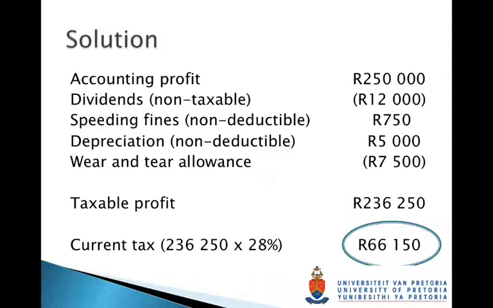Then you multiply this amount by 28%, the rate that we gave you. We will always give you that rate, and you get a current tax of 66,150. That means you are going to pay this amount to SARS, and it will be an outflow of resources.